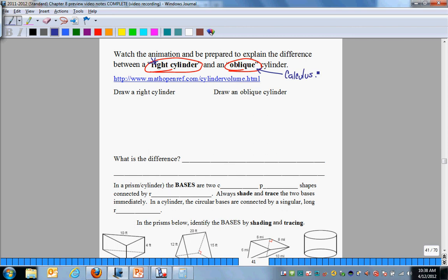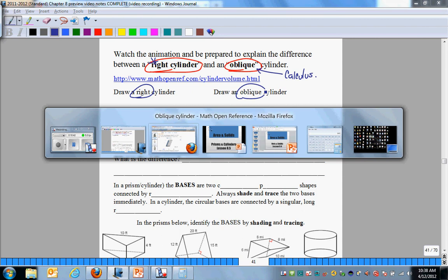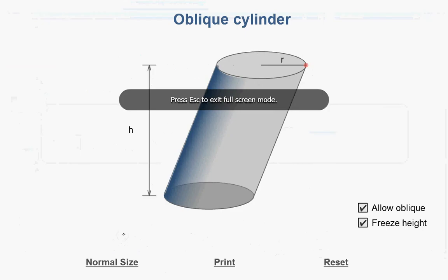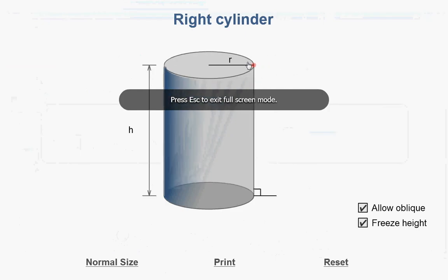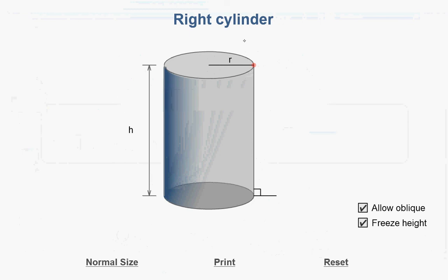So let's do a quick definition. I want you to watch carefully and be ready to define and differentiate between a right prism and an oblique prism. This is a right cylinder. It also could be a right prism.